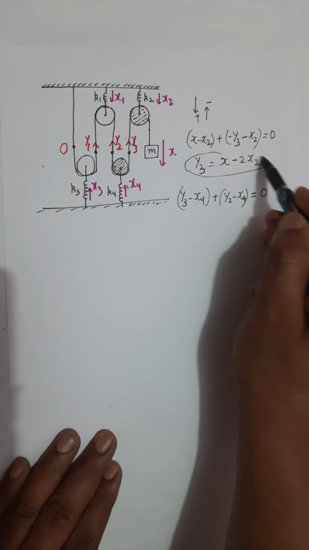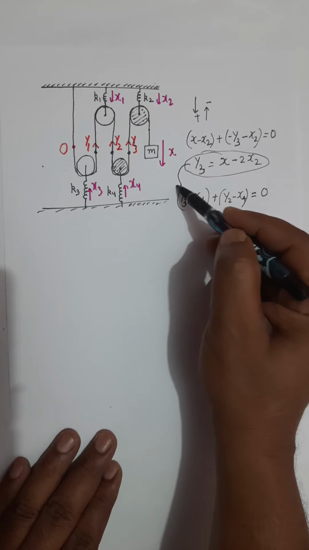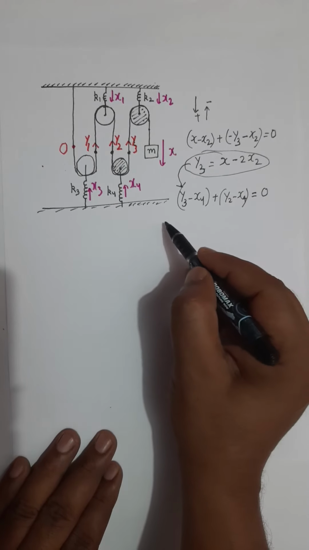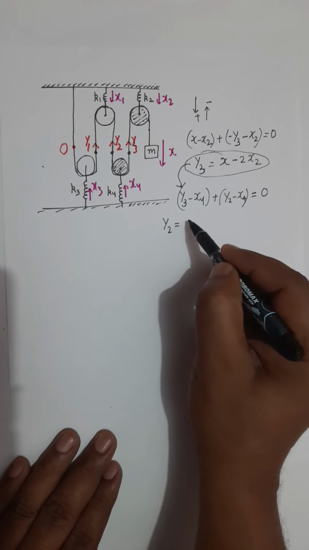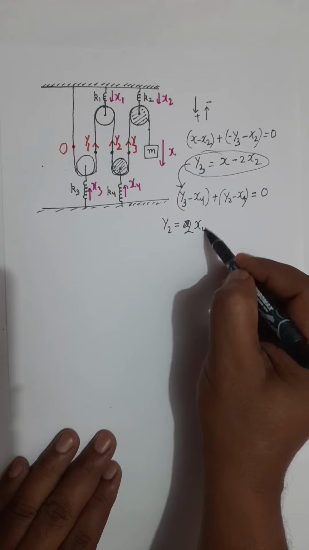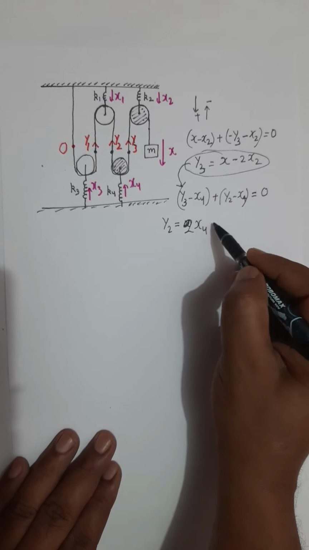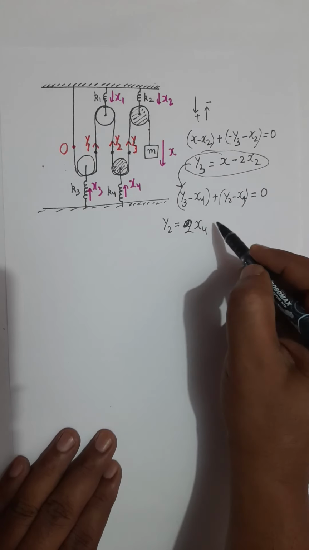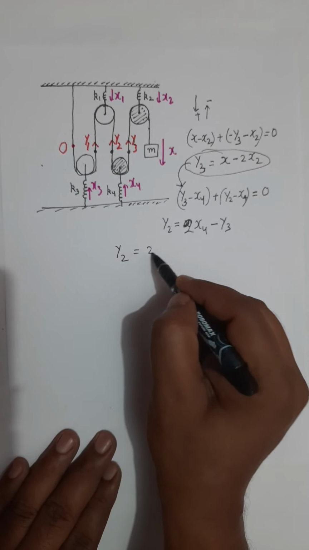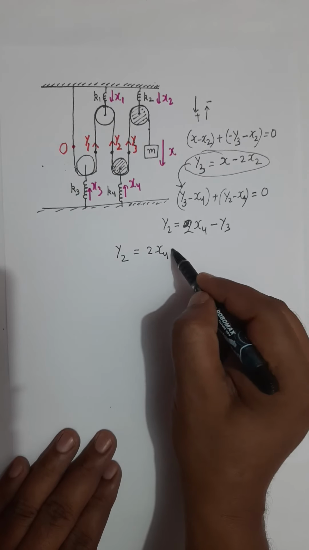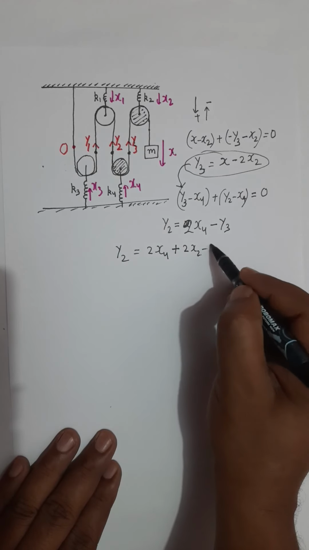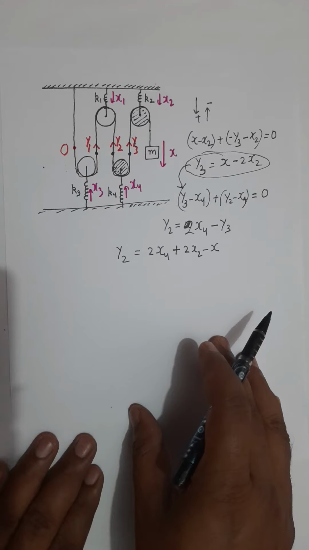You know the value of y3 is x minus twice x2, so you will substitute this value here and then you will get the value of y2. So y2 from this expression will be 2 times x4 minus y3, which will make it 2 x2 minus x. That's the value of y2 now.